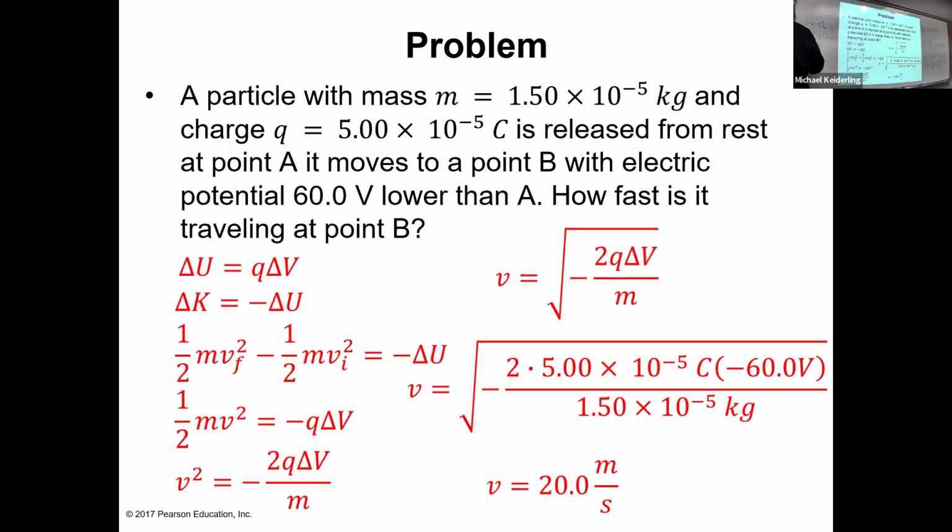So v equals the square root of 2 times 5 times 10 to the minus 5 coulombs times 60 volts over 1.5 times 10 to the minus 5 kilograms, and then that gives you 20 meters per second.